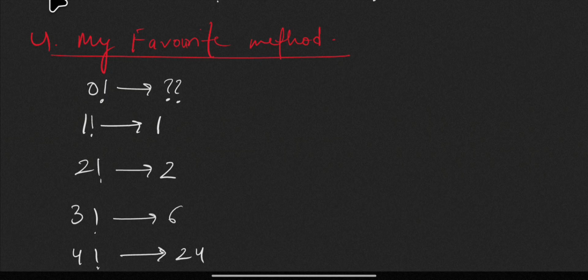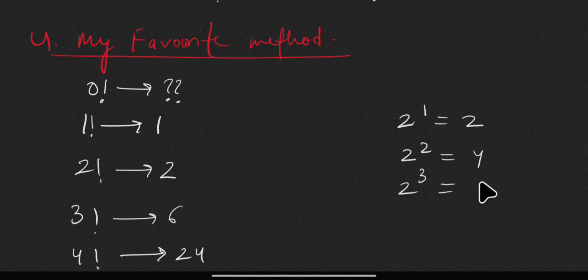Let me recall some basic formulas. What is 2 raised to 1? It is 2. What is 2 raised to 2? It is 4. What is 2 cubed? 8. 2 to the power 4, 16.